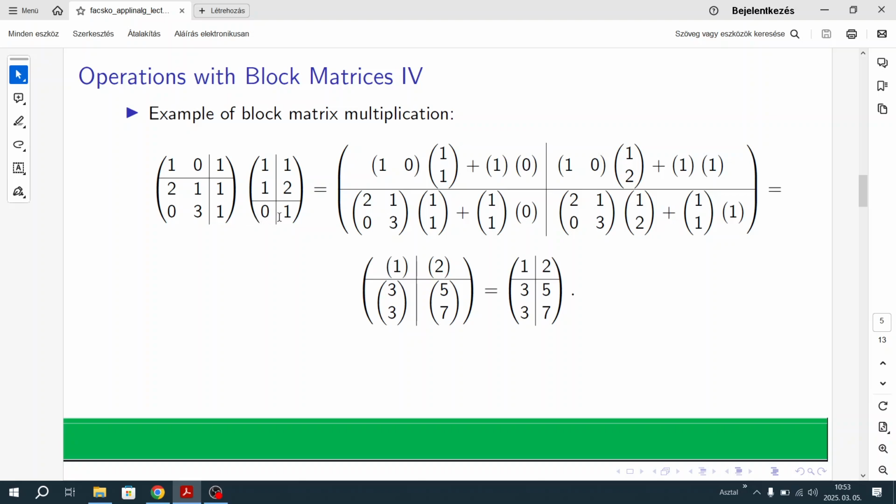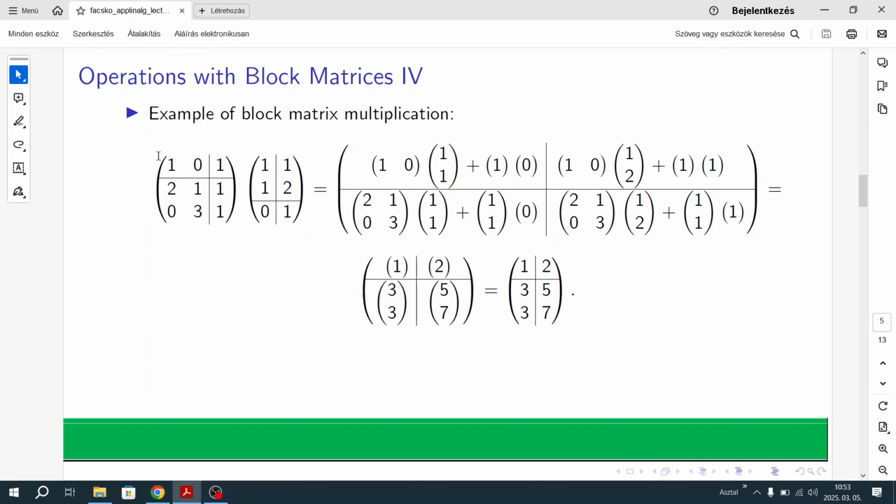If you do these lovely matrix calculations, you get these elements, and then you just leave the brackets, and then you have the result. Actually, this is the right result here.